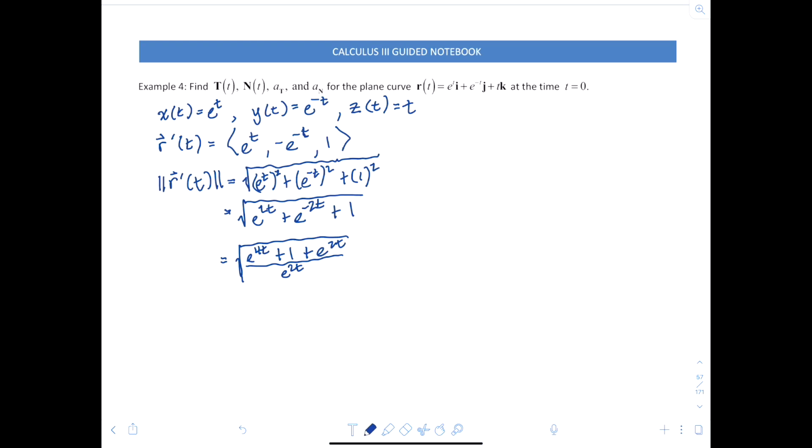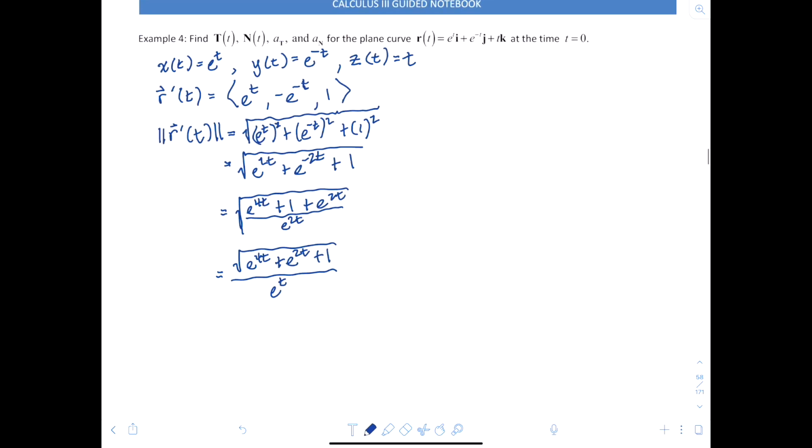So that's going to give us the square root of e to the 4t plus e to the 2t plus 1 all over e to the t. Cool so far?